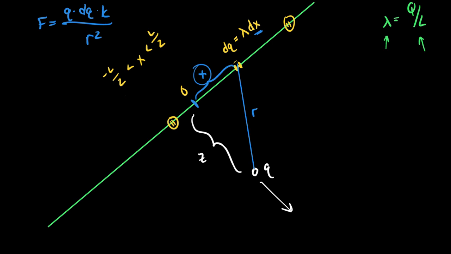Also, this tells me that I could identify where this piece is by using triangle trig. If you don't understand what I mean by that, I could rewrite this as Q dq k over not r squared, but z squared plus x squared.